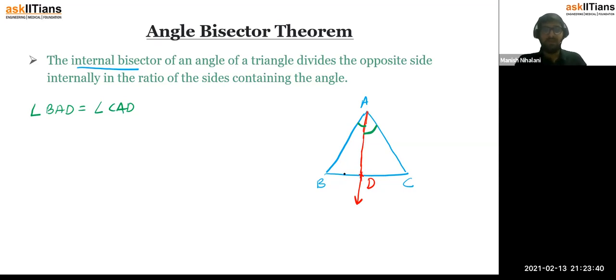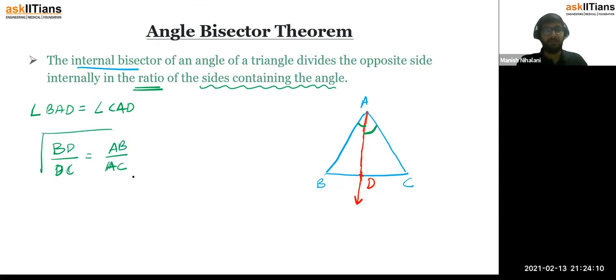So basically he's trying to say that this angle bisector AD divides the opposite side, that is BC, into two parts, BD upon DC, in the same ratio of the sides containing the angle, which means BD by DC is equal to AB by AC. So this is what the angle bisector theorem is.